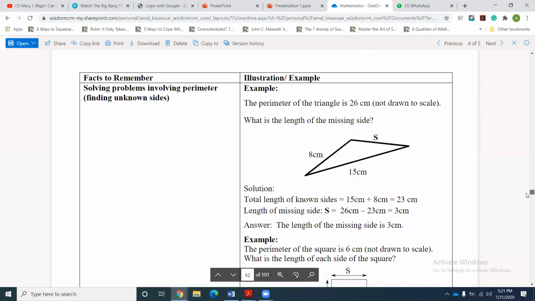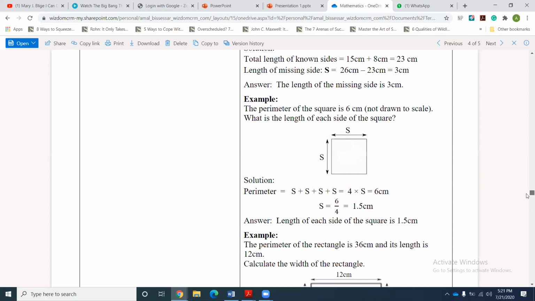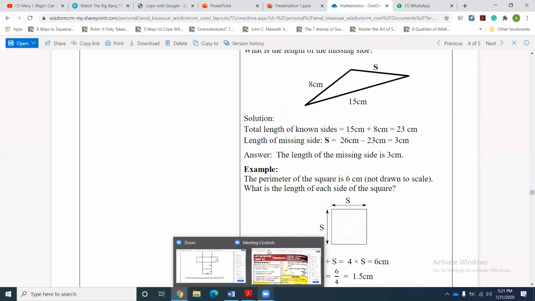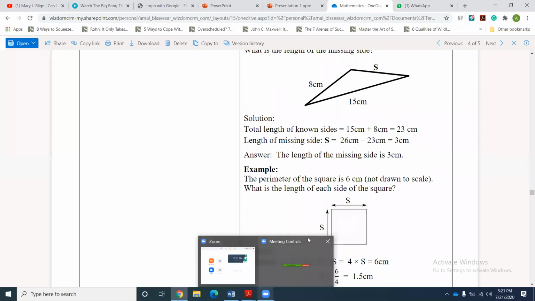So we looked at finding perimeter, and I'm also seeing finding side. So we also have that. I'm going to show you this one.